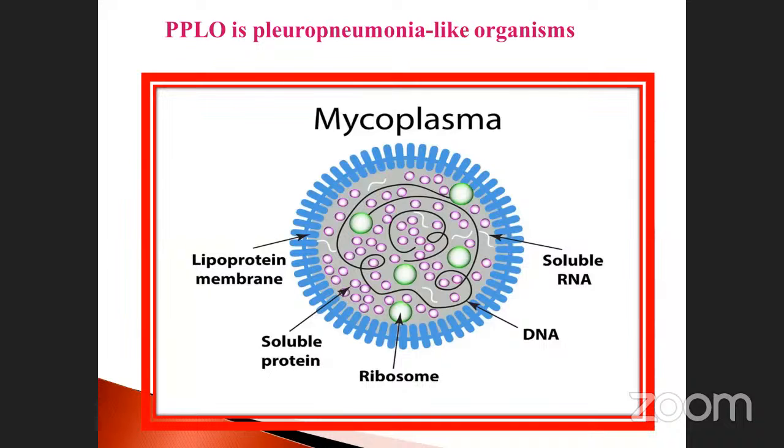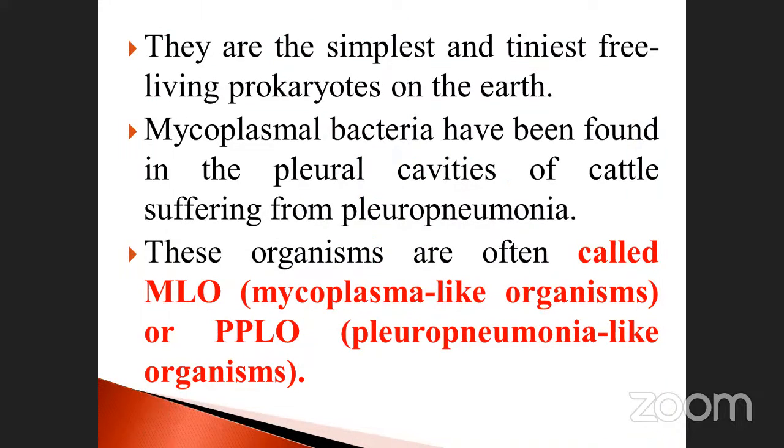That is very, very important. Ribosomes are also present, the smaller 70S ribosomes. So they are the simplest and thinnest free-living prokaryotes on the earth. Mycoplasmal bacteria have been found in the pleural cavity of cattle suffering from pneumonia.